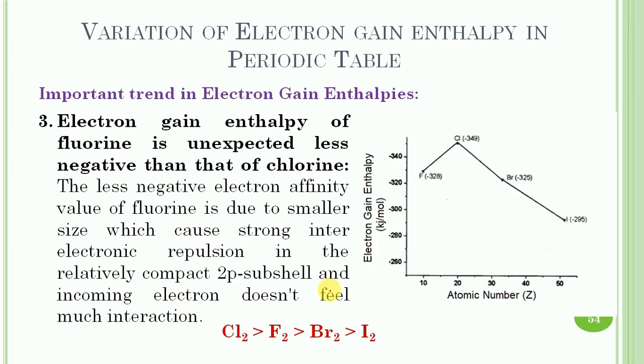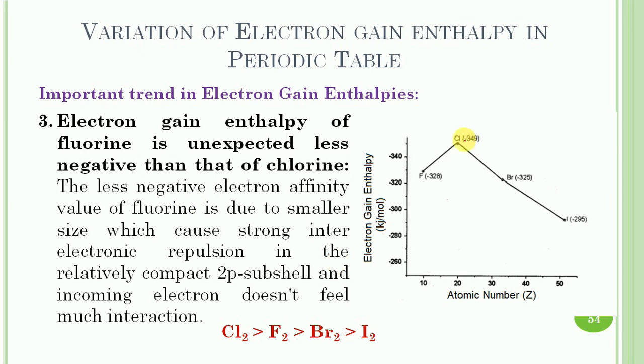The electron gain enthalpy of fluorine is unexpectedly less negative than that of chlorine. The less negative value for fluorine is due to its very small size, and due to this there is a strong inter-electronic repulsion. Due to the compact size of the 2p subshell of fluorine, the incoming electron does not feel much attraction.